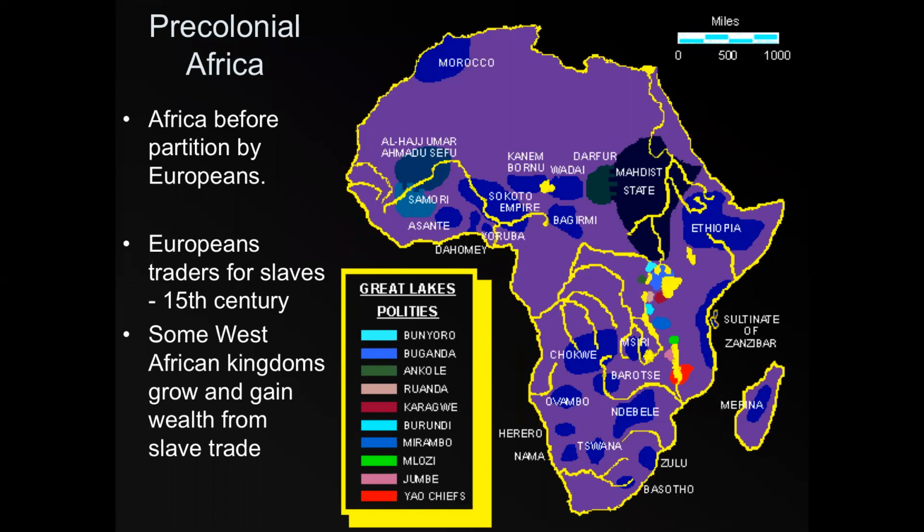But over time, that did not happen. Some of these kingdoms became powerful in the first 100 or 200 years of the slave trade. But when you're constantly trying to capture people for the slave trade, it's not going to work over time. So, European traders for slaves in the 15th century.